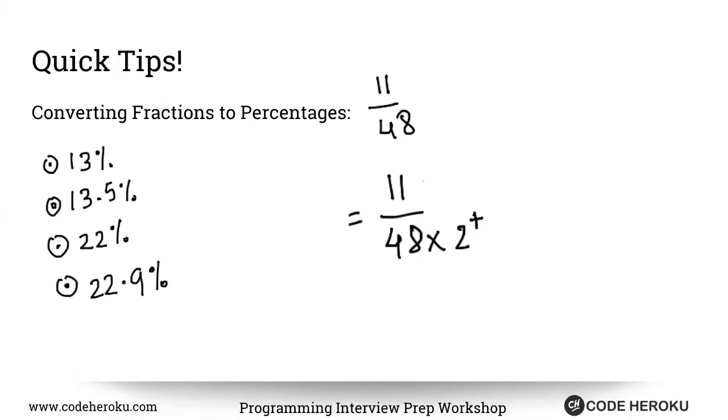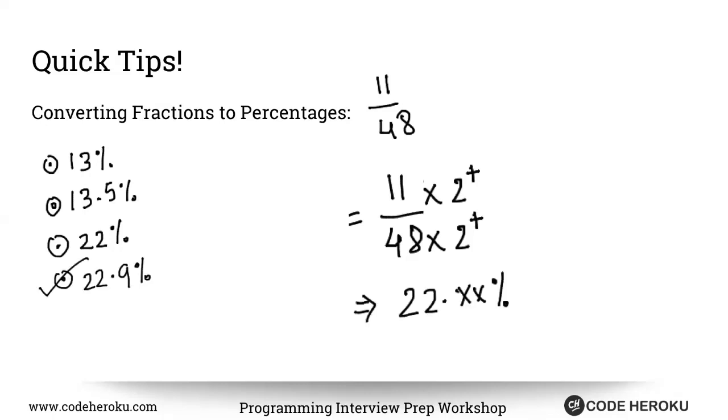If you multiply the denominator with 2 point something, you have to multiply the numerator with 2 point something as well, right? And the only option over there which is greater than 22 is 22.9. It can't be 22%, because we want a number which is slightly greater than that. So 22.9 is going to be the correct answer over here, right?